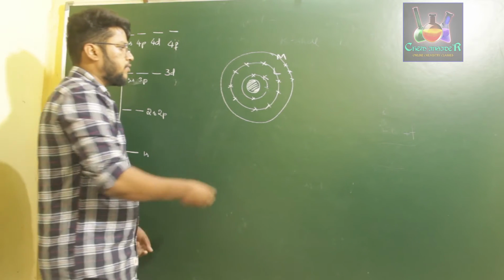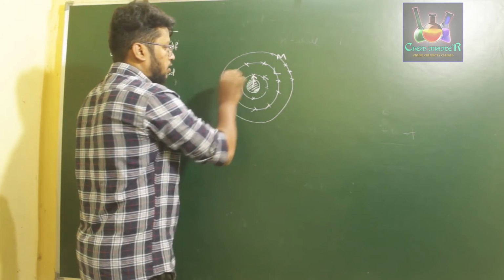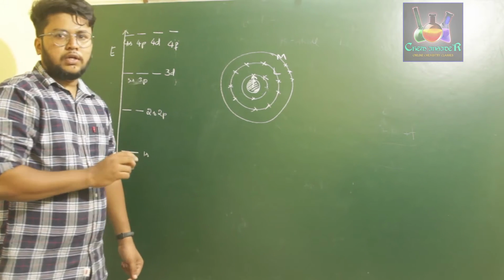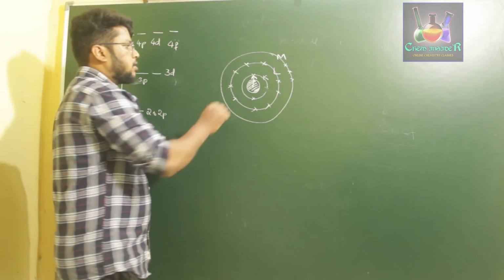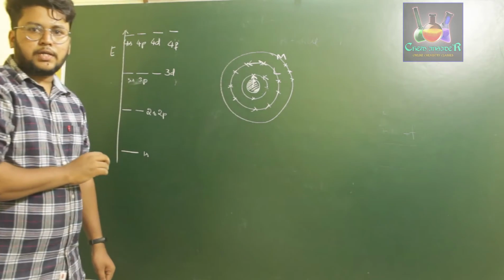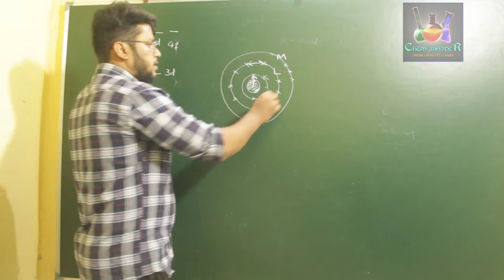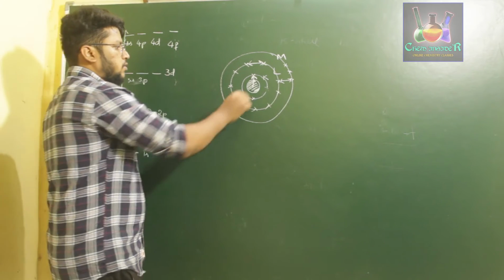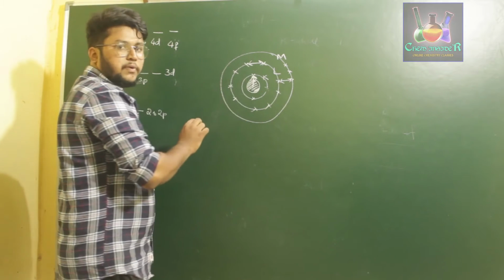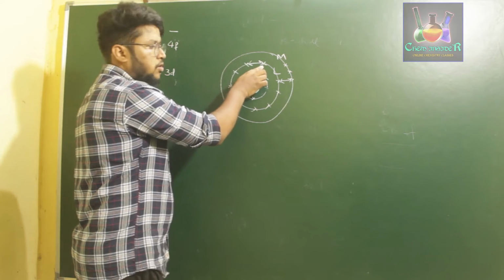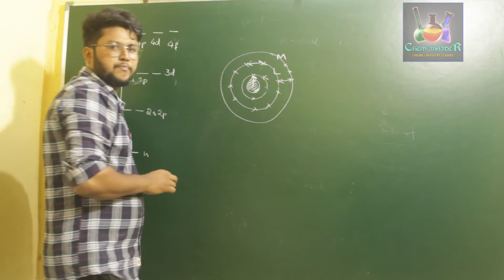One is the force of attraction between the nucleus and the electron. The other is the force of repulsion between electrons present in the same level, or between two adjacent levels. So this is the attraction between electrons and the nucleus, and there is a repulsion between electrons of the same orbit and electrons of a different orbit.